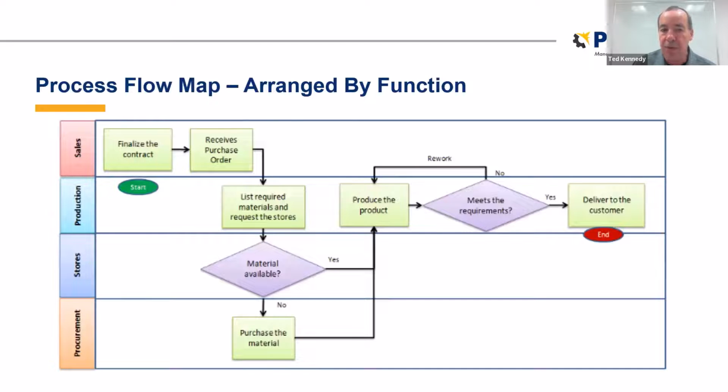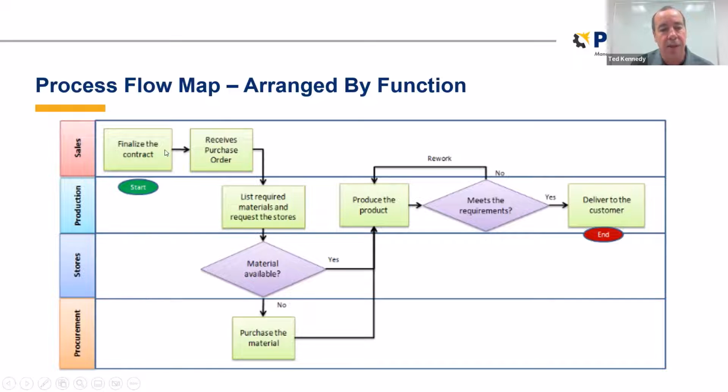This is a process flow map arranged by function. These are called swim lanes. It's like when you're in a big swimming pool in the Olympics and you have your own swim lane. This one is arranged by function, whoever's touching the product or the information.